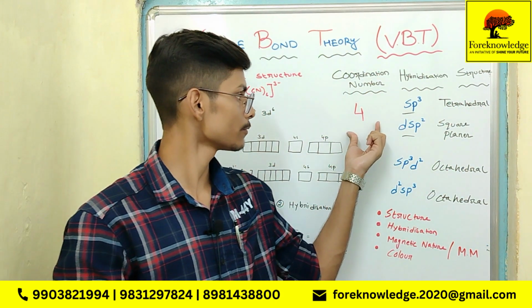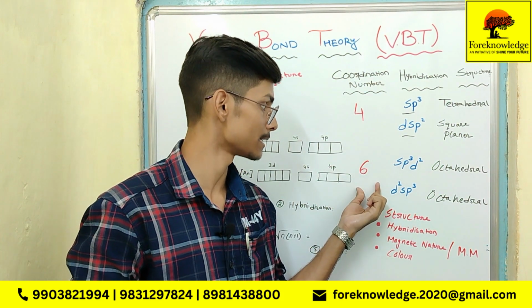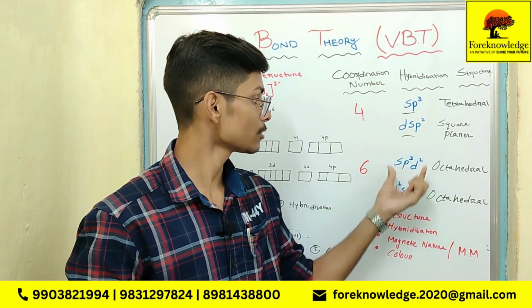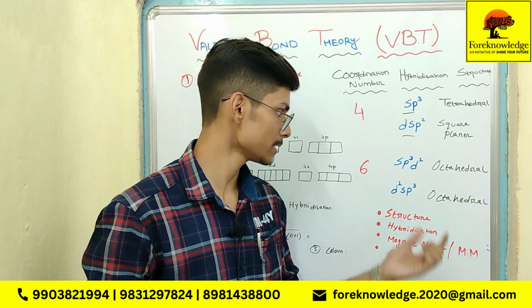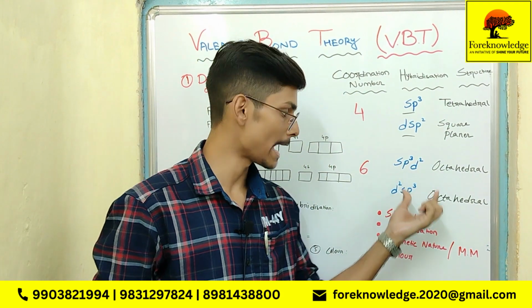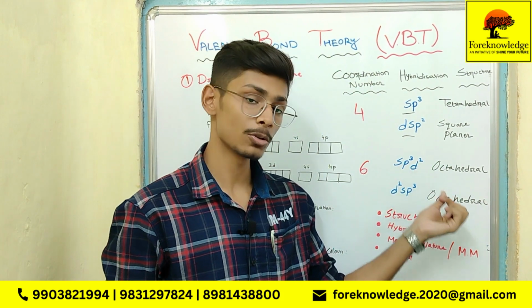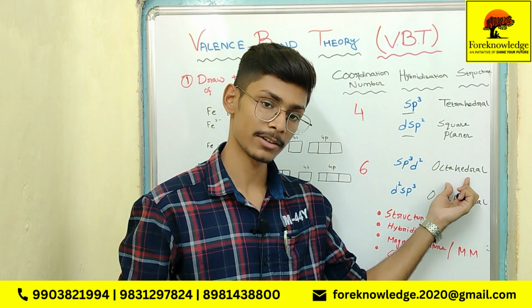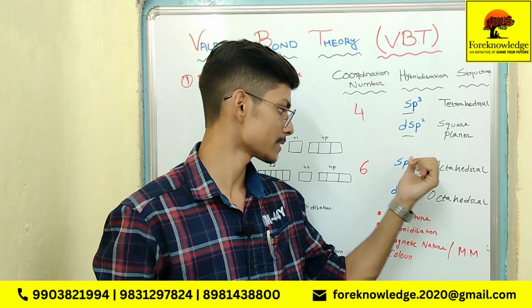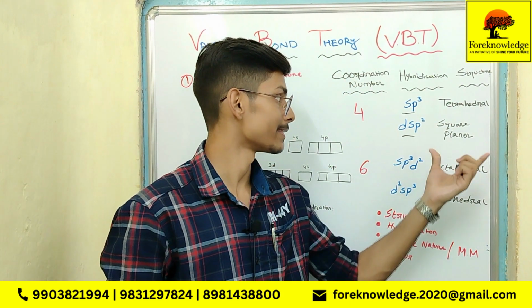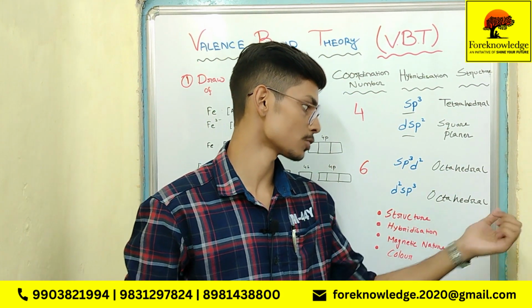So that was all about 4. Now when the coordination number is 6, there are two types of complexes possible, outer d complex and inner d complex. The outer d complex is sp3d2 and the structure is octahedral, and the inner d complex is d2sp3, and the structure is also octahedral.